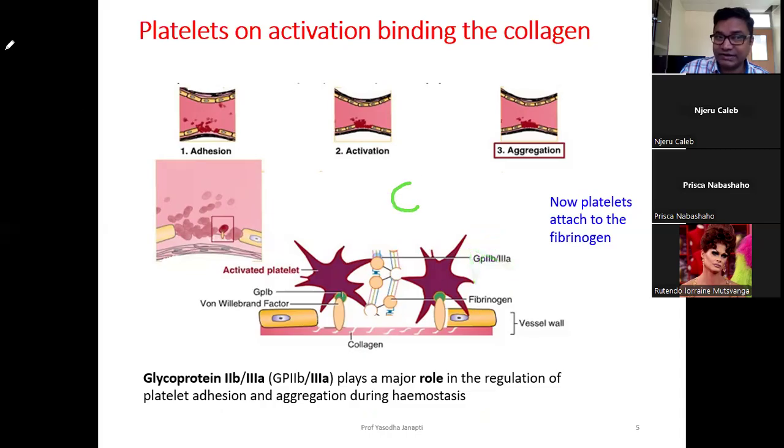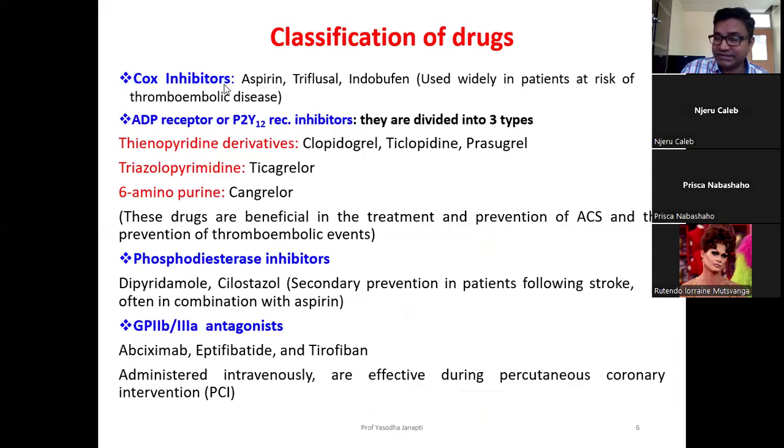COX inhibitors. You can see the classification of drugs. Then the ADP receptor, also called P2Y12.